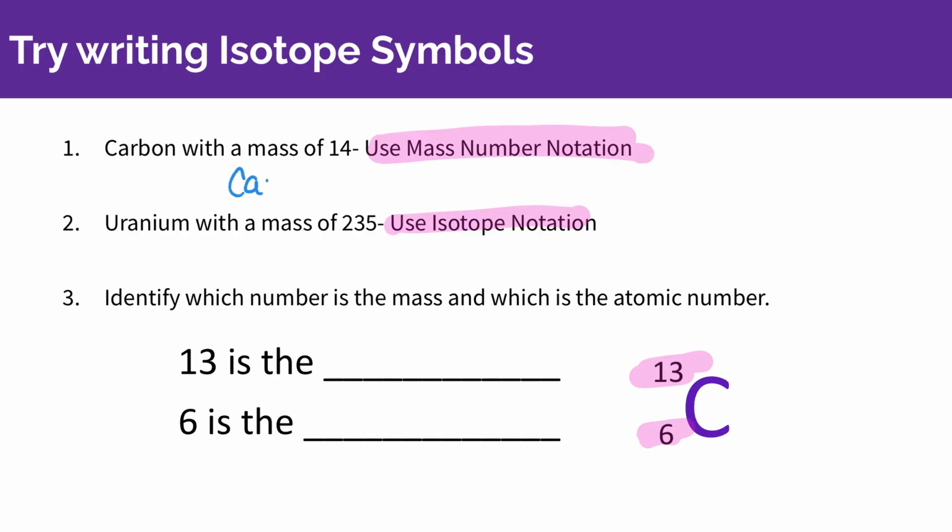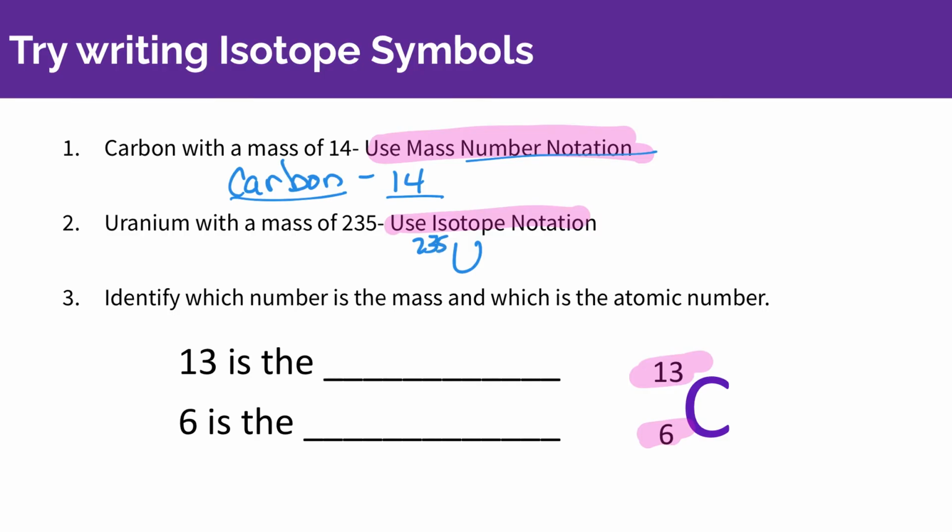So carbon with a mass of 14 using mass number notation would be carbon and then dash 14. For mass number notation, remember you write the entire element name, dash, and then the mass, which is 14. Uranium with a mass of 235 using isotope notation. Uranium is U. The mass is 235.